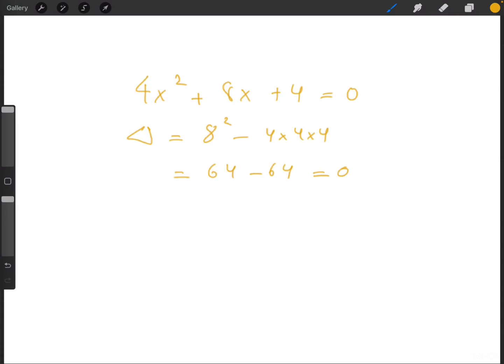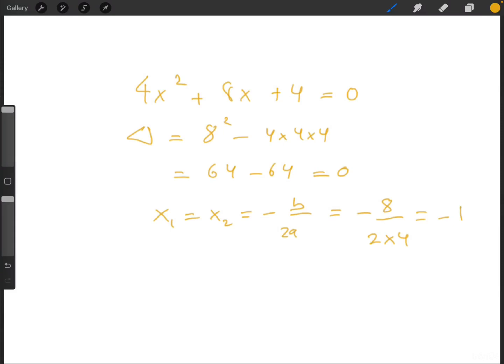Delta equals 0, so the quadratic equation has two equal solutions. x1 equals x2 equals negative b over 2a, which equals negative 8 over 2 times 4, which equals negative 1.